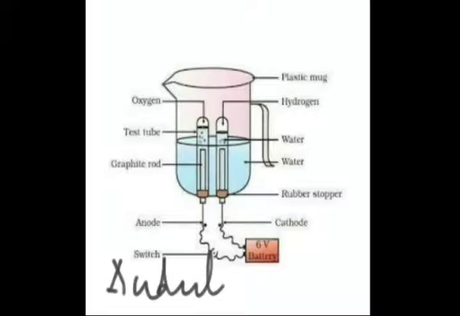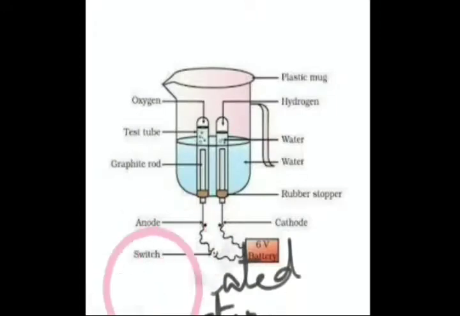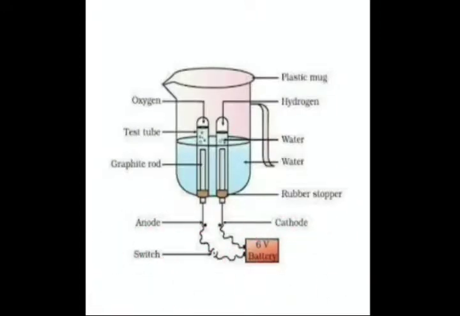In order to make it a good conductor of electricity, this water is acidulated with a few drops of dilute sulfuric acid. Is it clear? So that the process of electrolysis can proceed properly.